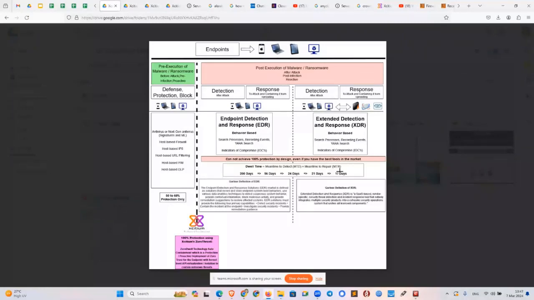So you can imagine what you can do with 20 minutes. Dwell time, as per Gartner's definition, is the time needed to detect, respond, and repair an attack. Repairing the attack is by going backwards to previous snapshots and bringing you back to the moment before you double-clicked on that malicious file or before that PowerShell command was invoked or anything else.